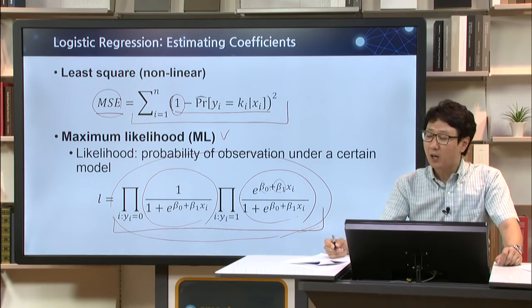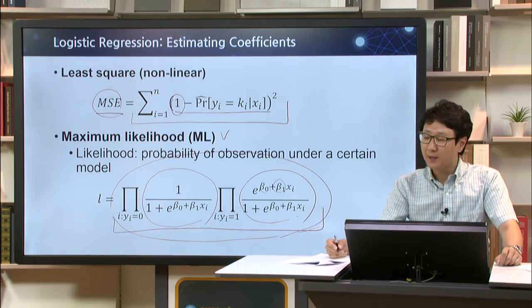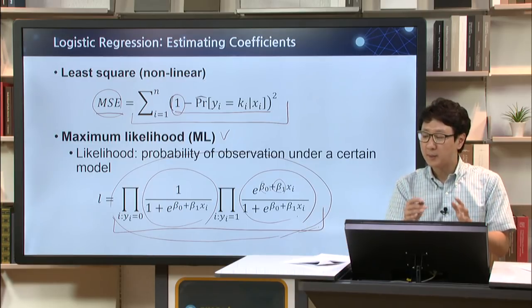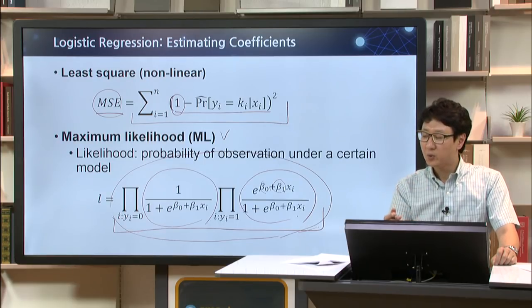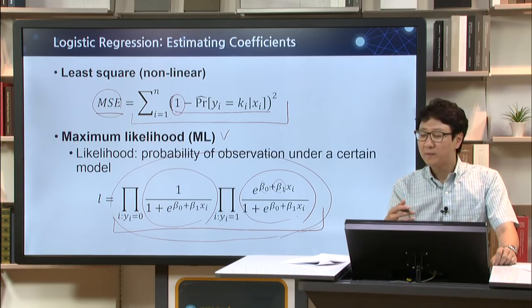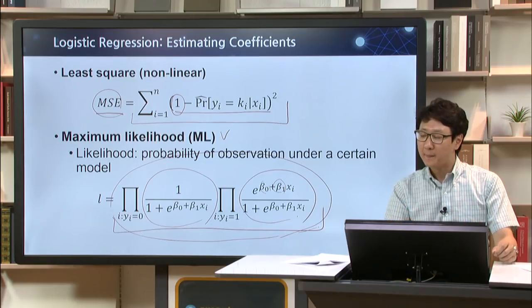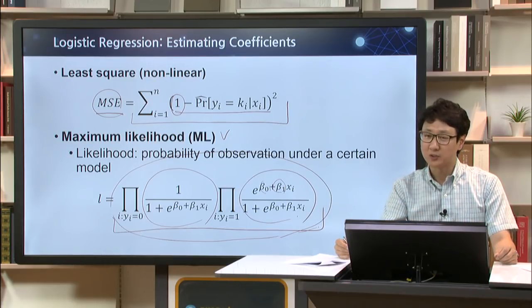The basic idea of maximum likelihood is that we see the current samples because the probability to see these current samples is so large. So we want to find the model parameters that maximize this likelihood.